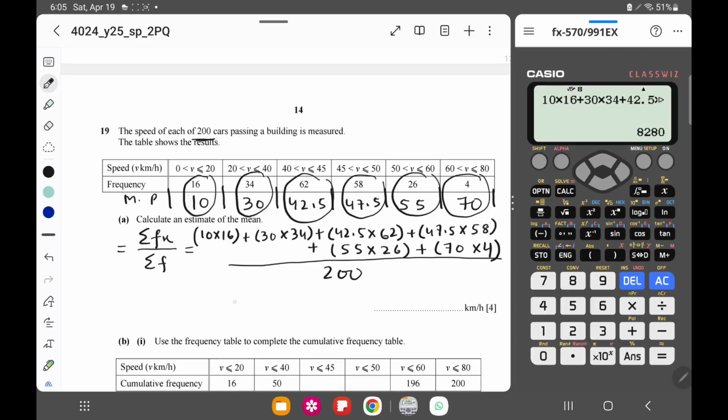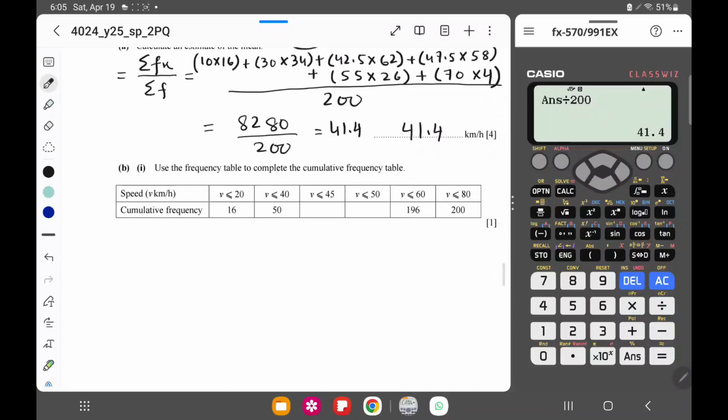That is 8280, divided by 200. You can calculate it separately to avoid mistakes. This equals 41.4, which is the mean in kilometers per hour.